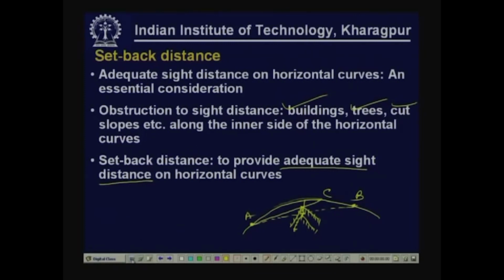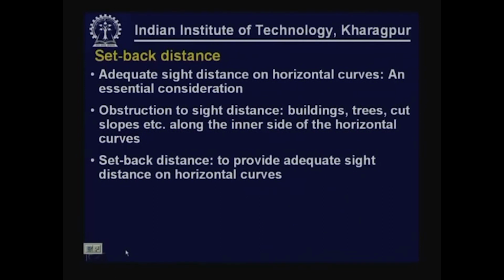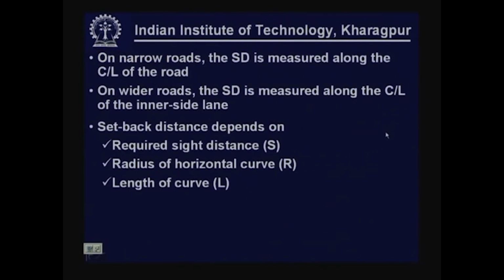Now, it is important to understand that on narrow roads, stopping sight distance is measured along the center line of the road. Narrow road means maybe it is a single lane road. So, sight distance is measured along the center line of the road. For a wider road, the critical vehicle position could be different.